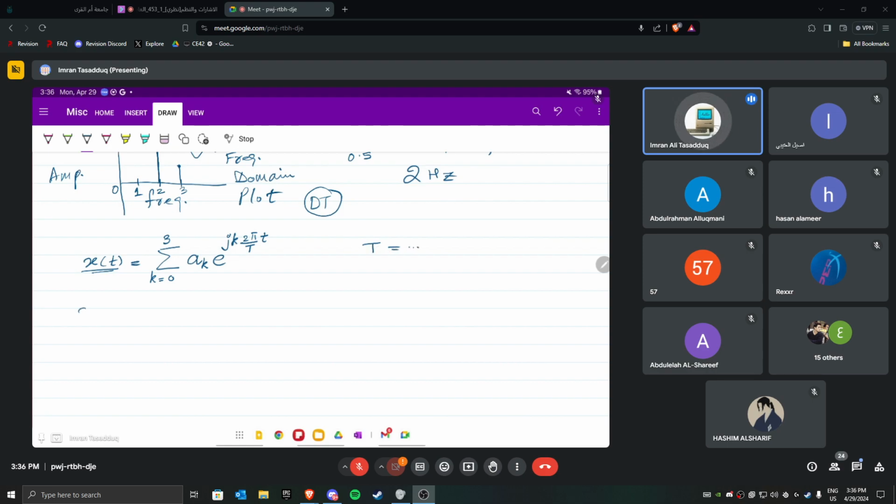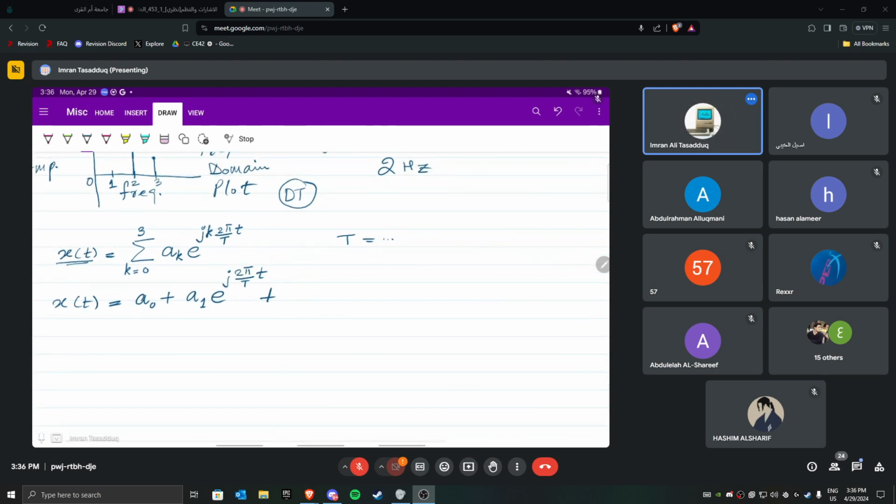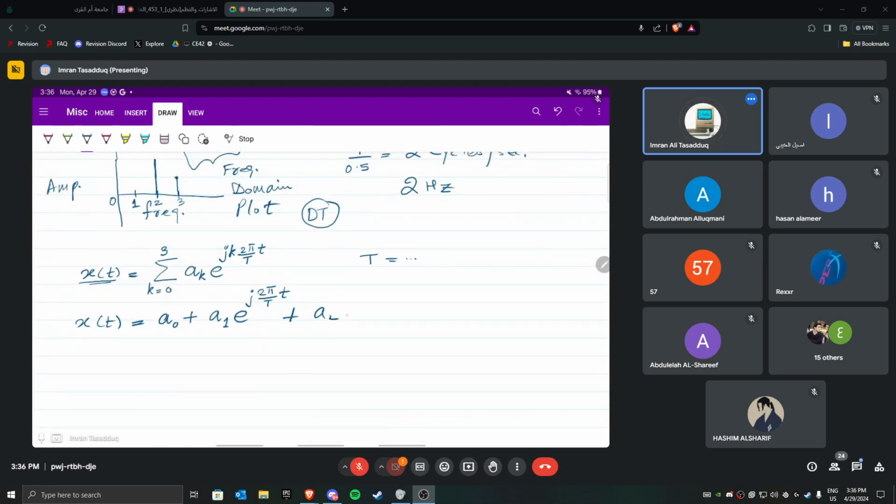Then I can say that x of t is equal to a0 times e to the power 0, which is 1, so I don't write it, plus a1 e to the power j 2 pi by T times t, plus a2 e to the power j 4 pi by T times t, plus a3 e to the power j 6 pi by T times t.